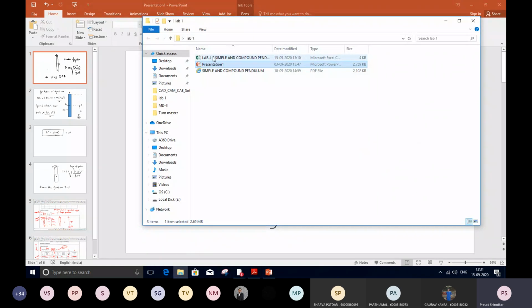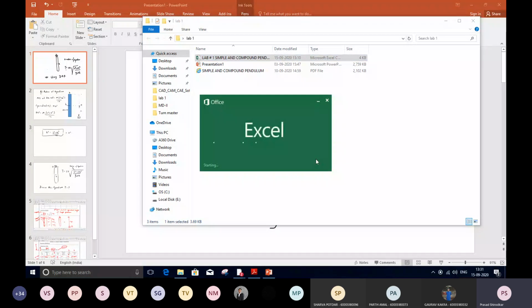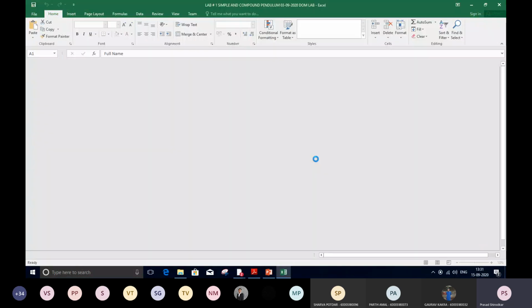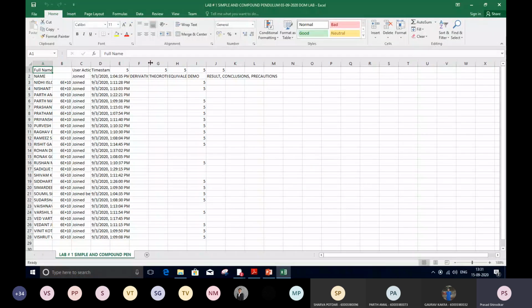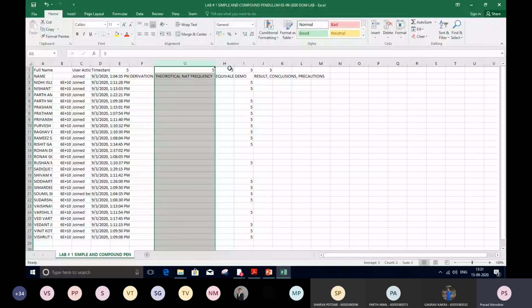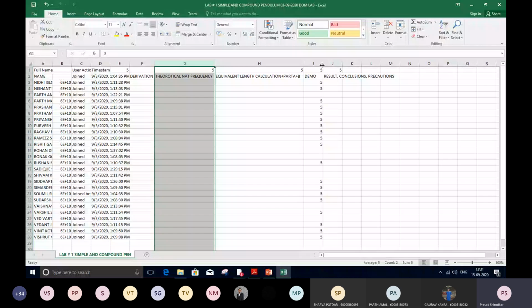This assignment, this practical, is divided into rubrics in this way. Alright. So 5 marks are for derivation. 5 marks are for theoretical natural frequency. Then equivalent length calculation part A and B 5 marks. 5 marks is for demo and 5 marks is for result, conclusion and precaution.